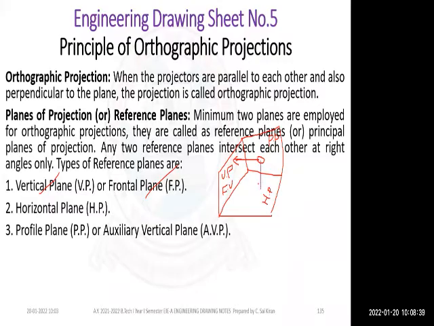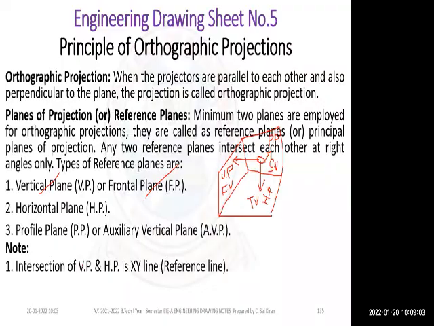My bottom or top view of the object is projected on the horizontal plane. And my side view will be projected on the profile plane. Minimum 2 planes are required, vertical and horizontal. But if the side view is complicated, then I need to see the side view of an object on the profile plane.